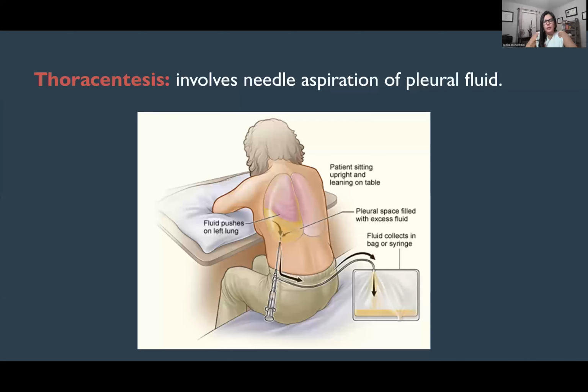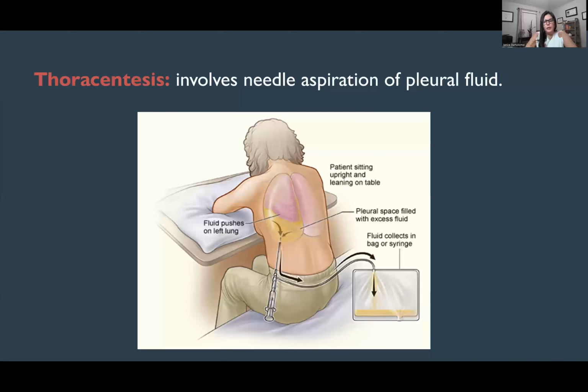Again, you want to evaluate the lung sounds. Watch for bleeding, watch for pneumothorax. And after they remove the fluid, you want to encourage your patients to use the incentive spirometer so they can expand those lungs, and the lungs regain their size.